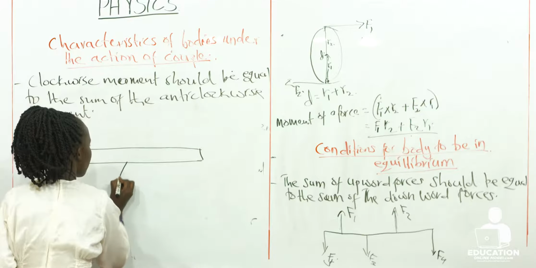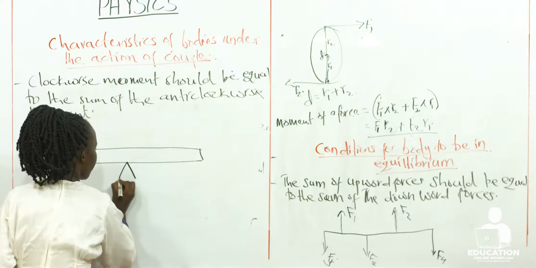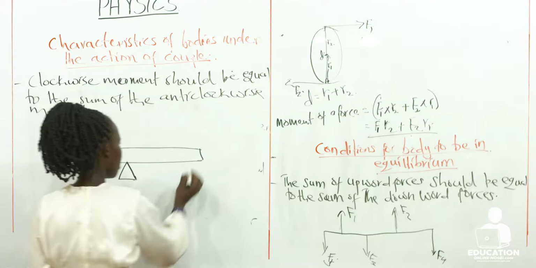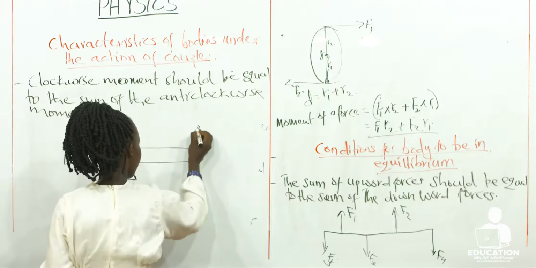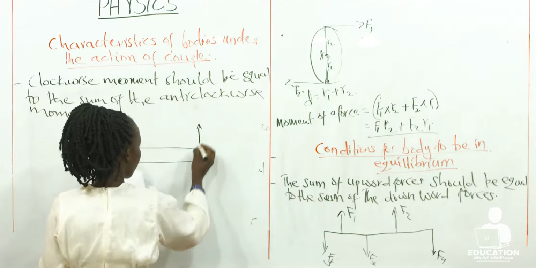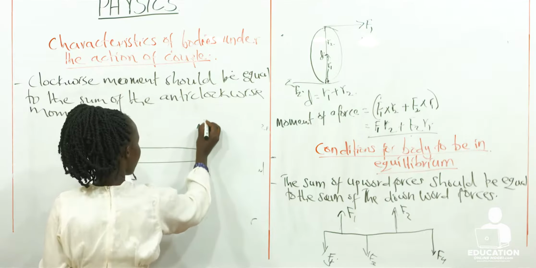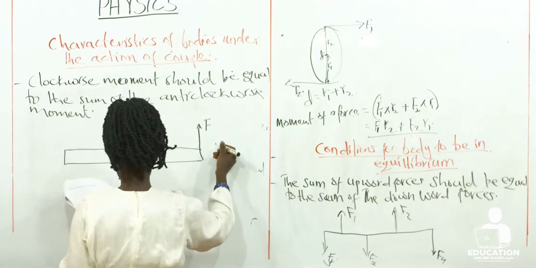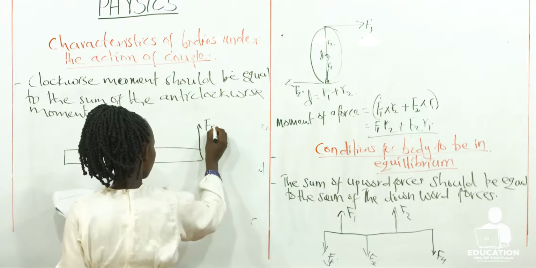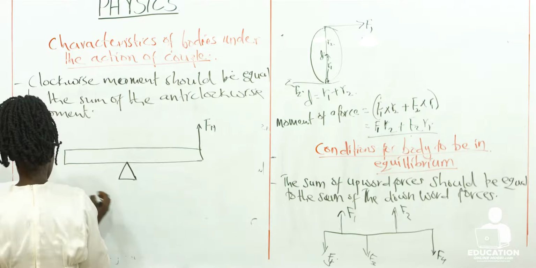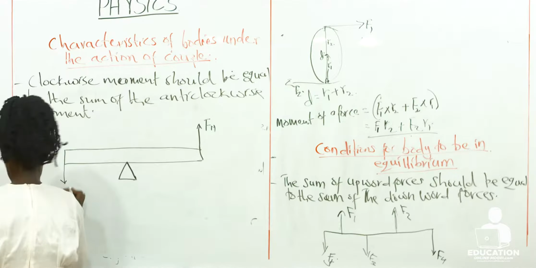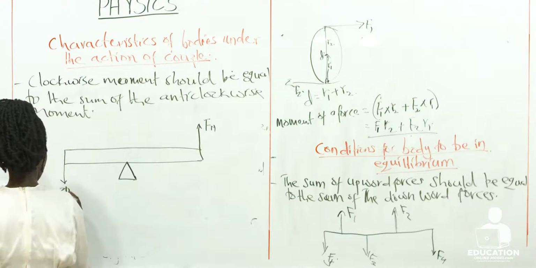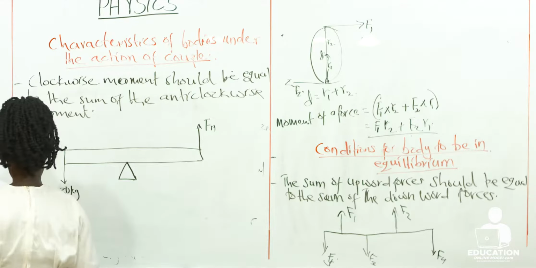Our body is on a knife edge, or we can have it as the pivot. We have a force acting in this direction, which has not been given here. It is just F Newton. So we have another force acting downwards here, which is a mass. They hang the mass here of 30 kilogram.